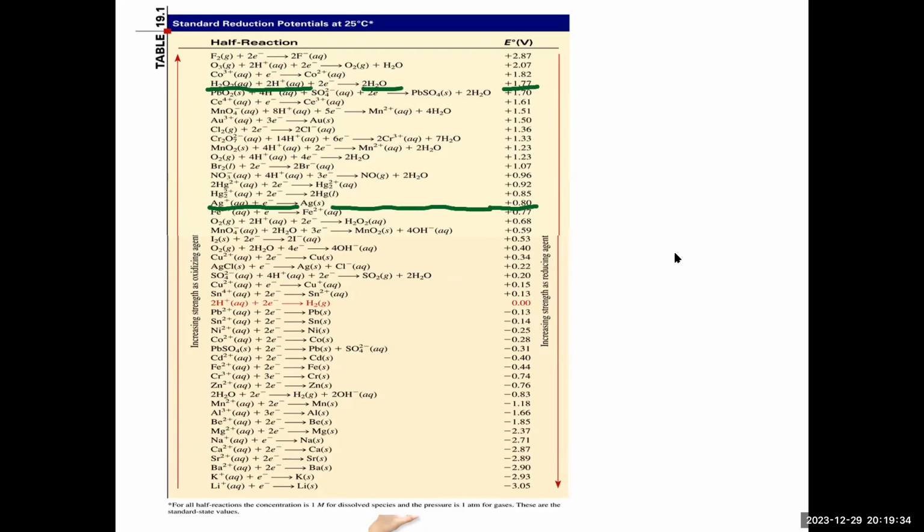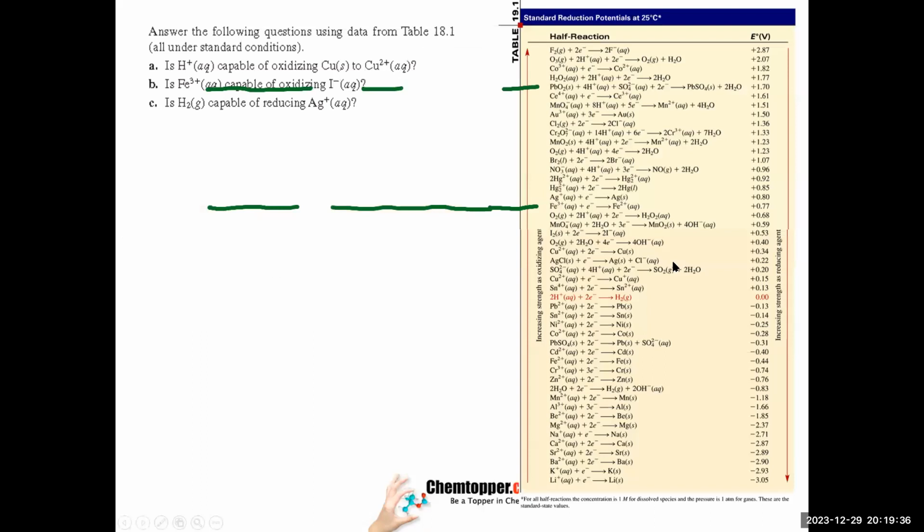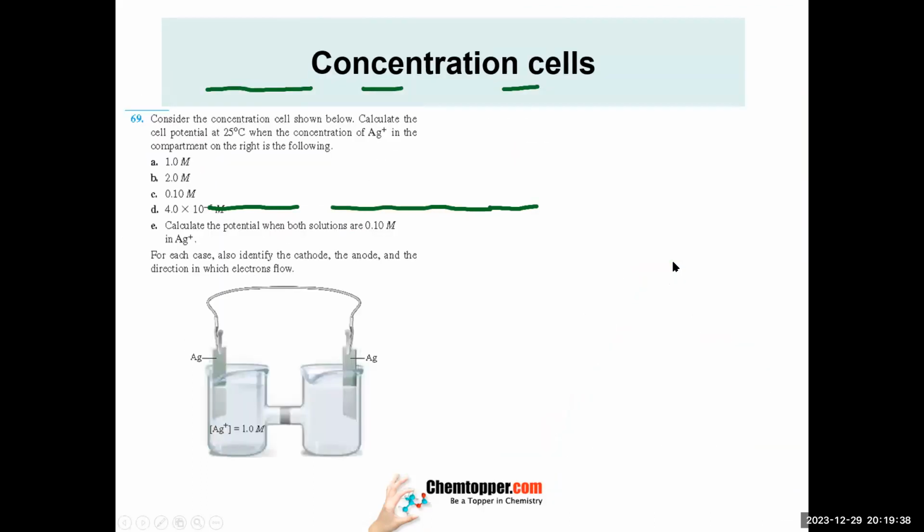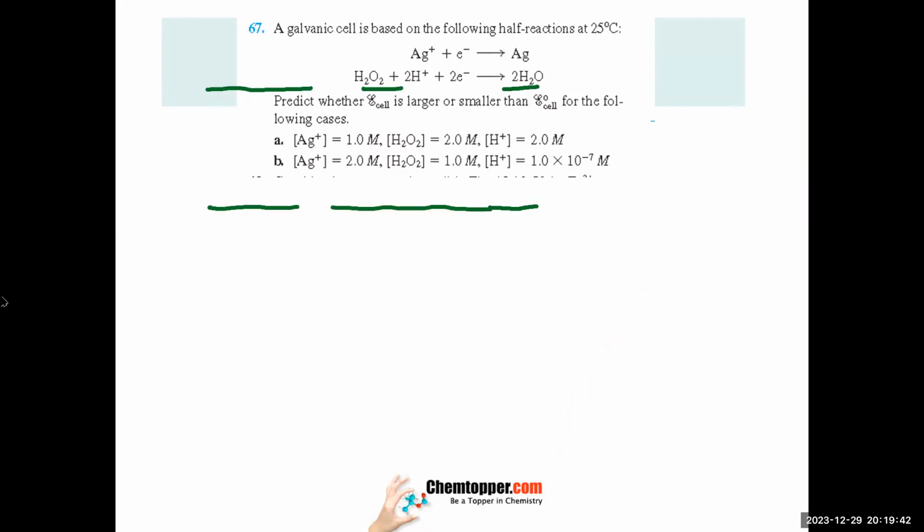Now I'm going back to the question. Here is the question. This is 0.80 volts. This is plus 1.77 volts.